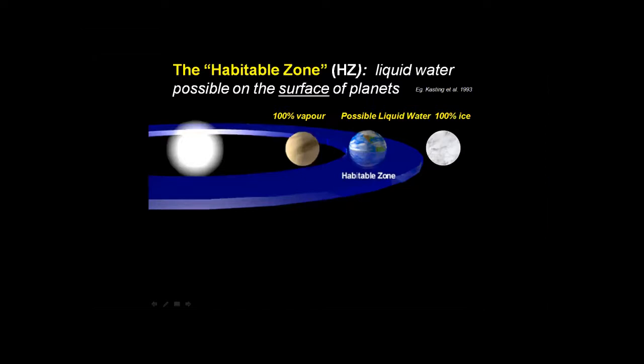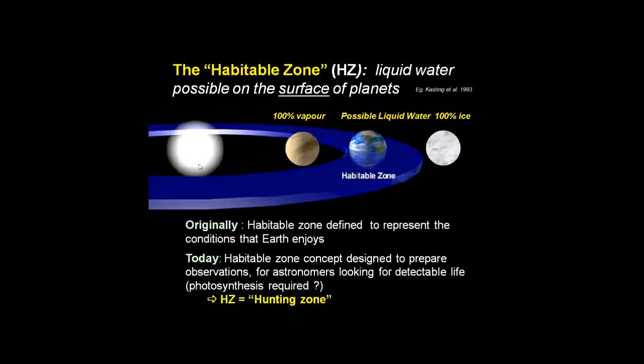I'm sure you've discussed that a lot already, but I wanted to say a word about it. The habitable zone is not a concept which is liked a lot. Many people criticize it or don't understand it, and say it's completely stupid to assume that planets in the habitable zone are habitable. Of course, they're not. The reason is that originally the habitable zone was defined to represent what Earth enjoys, maybe in the 60s, in the 70s, at the time when icy worlds like Europa were not well known.